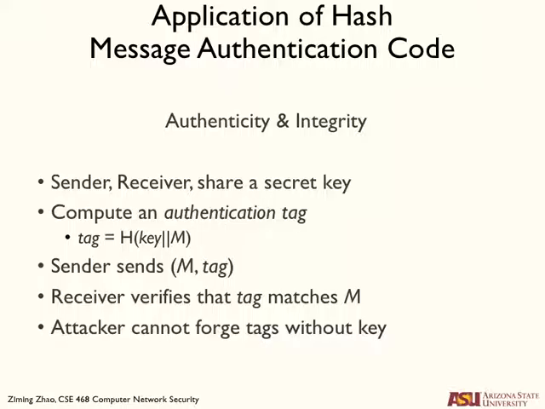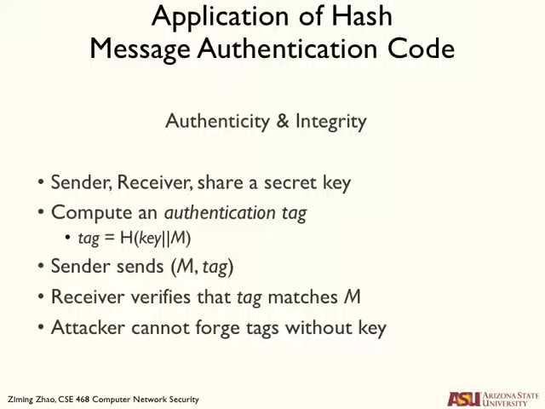On the receiver side, it's very easy for the receiver to verify. The receiver will take this message, and the receiver also knows the key because they have this shared key in the first place. The receiver will do this calculation again, get a tag, and compare if the computed tag matches the received tag. If they match, the message has not been modified.